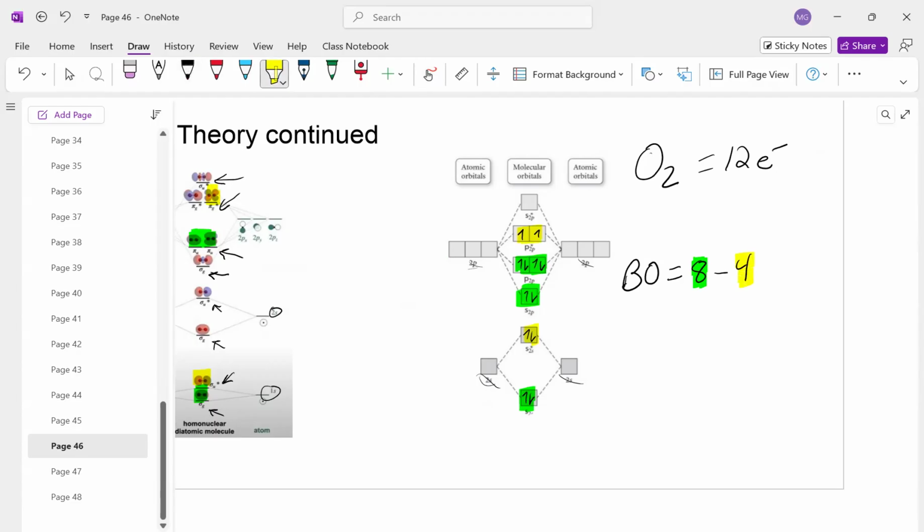So 4 anti-bonding electrons. Divide by 2, the solution to that is 2, which verifies the bond order that we know oxygen to have. We've drawn the Lewis structure of oxygen. Oxygen has a double bond between its 2 atoms. And so that does verify, number one, that oxygen does bond to itself, and it does so in a double bond fashion.